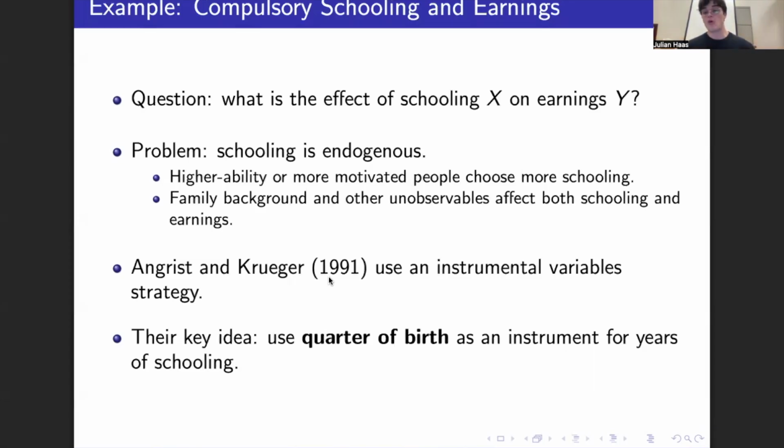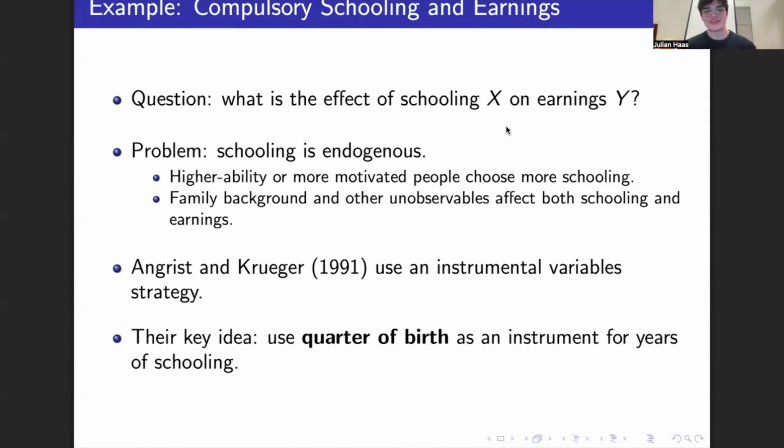And so the question that they're trying to study here is the effect of schooling on earnings. And so if you were to just run a regression of earnings on schooling, I think it's pretty easy for us to see where this could go wrong.